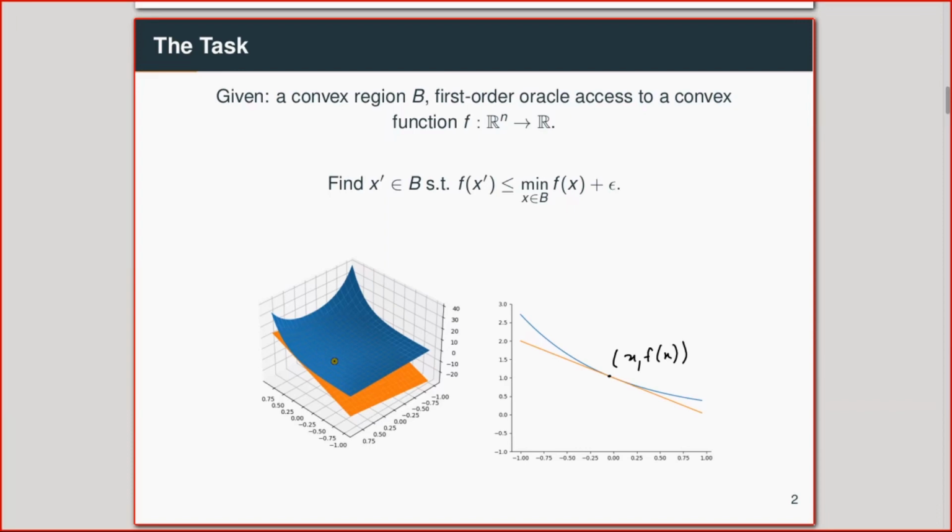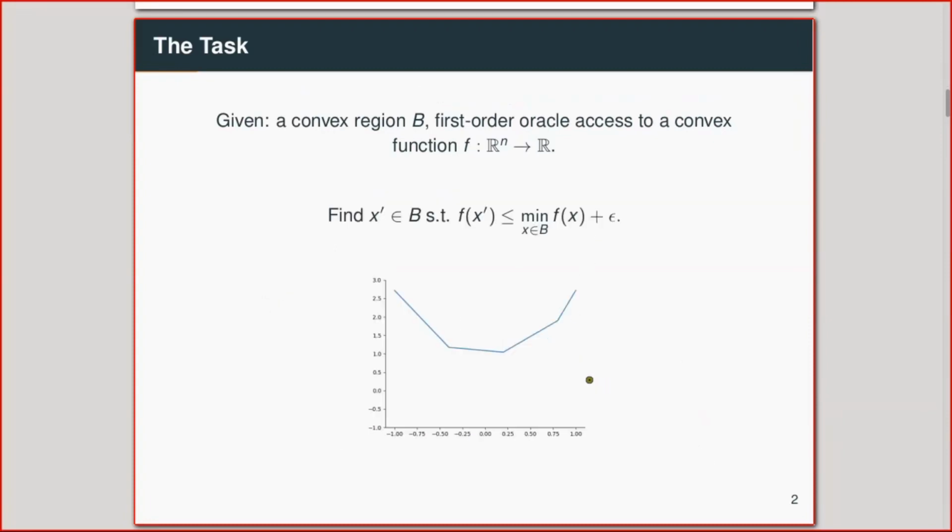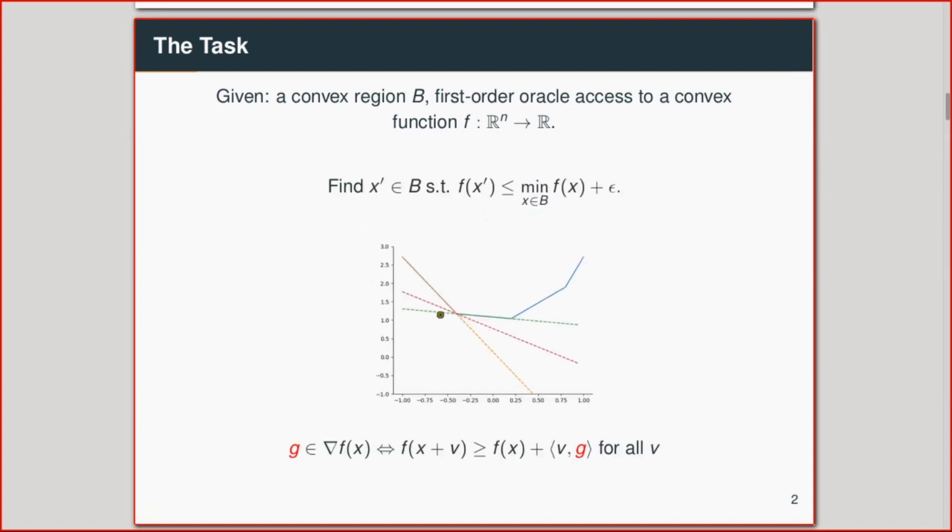But one problem is that just because a function is convex, it doesn't mean that a gradient has to exist. For instance, at this point here, for functions which aren't differentiable, there's no unique gradient.